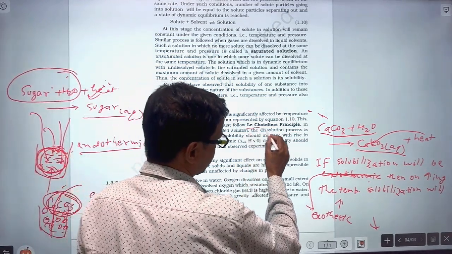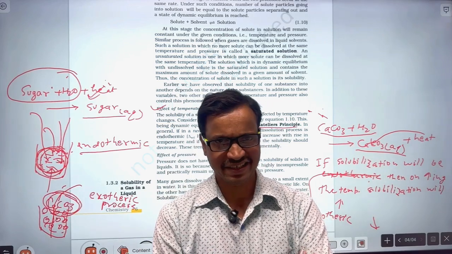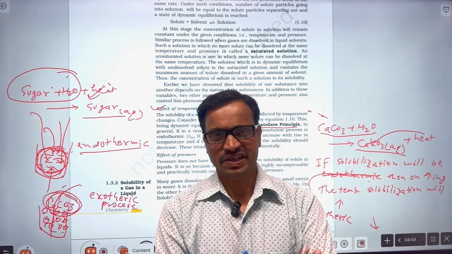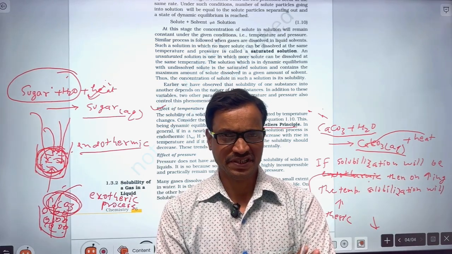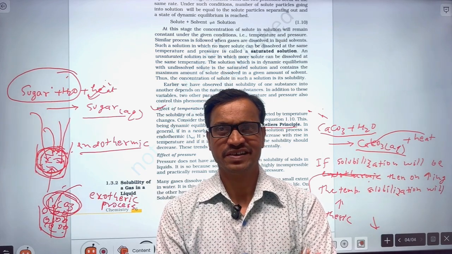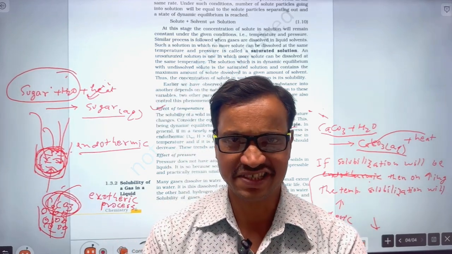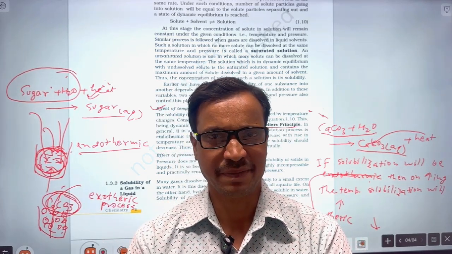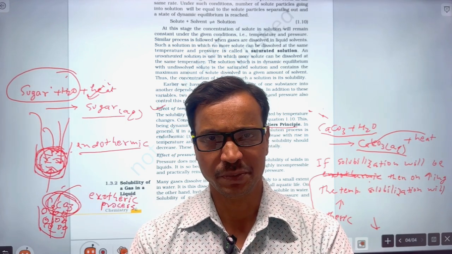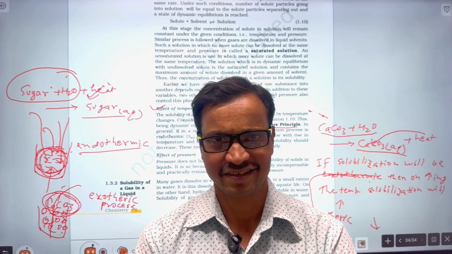And this principle is called Le Chatelier's principle. Le Chatelier's principle is applied here to predict whether on increasing the temperature, the solubility of a solid in a liquid will increase or decrease. So how will we predict? If solubilization is an endothermic process, then on increasing the temperature, the solubility of solid in liquid will increase.